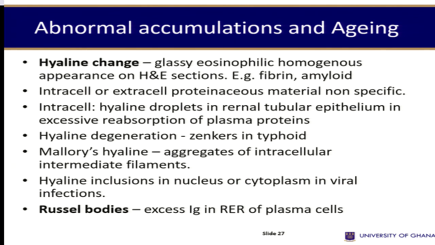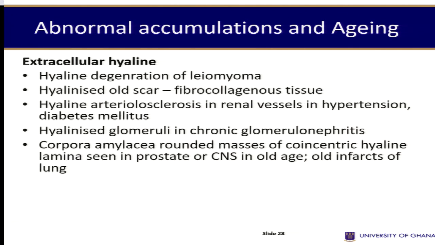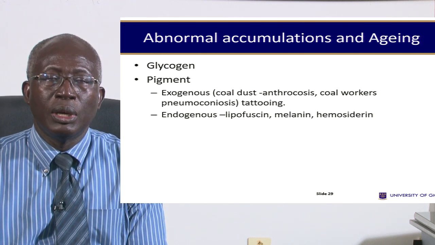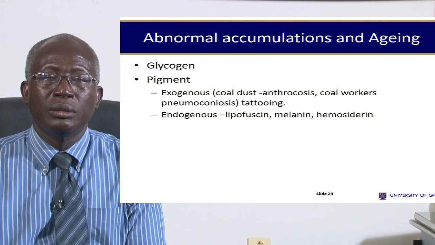Intracellular proteinaceous materials include Russell bodies, Mallory's hyaline, whilst the extracellular hyaline include amyloid or sometimes degeneration of smooth muscle tumor, old scars, or changes in the vessel in hypertension and diabetes called hyaline arteriolosclerosis. Glycogen may accumulate in certain conditions, and then pigment may also accumulate.